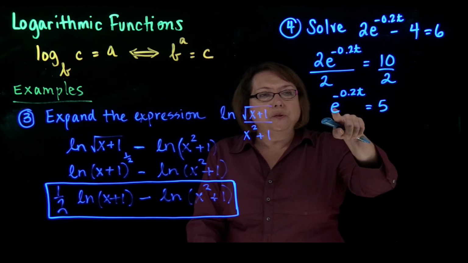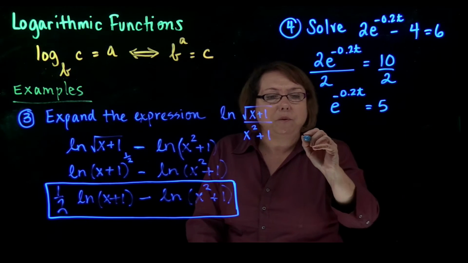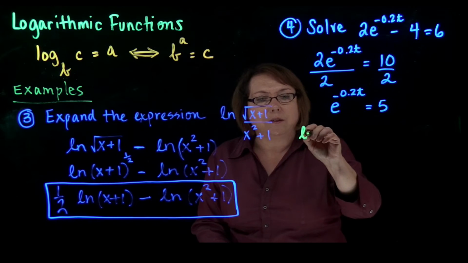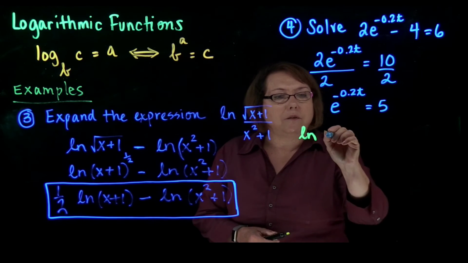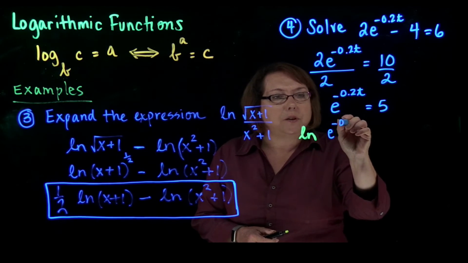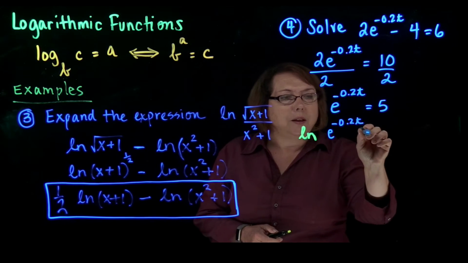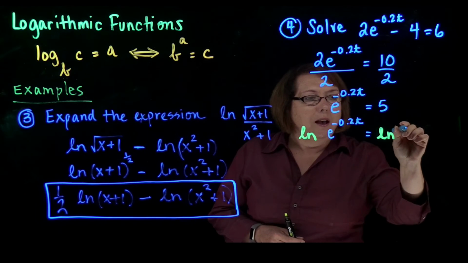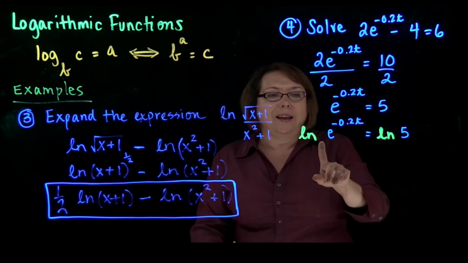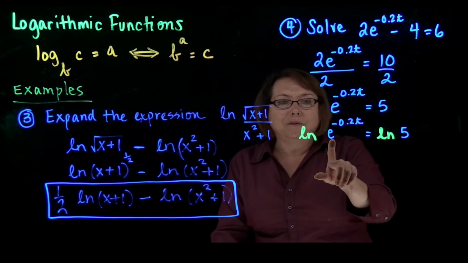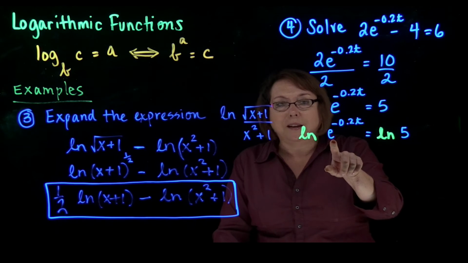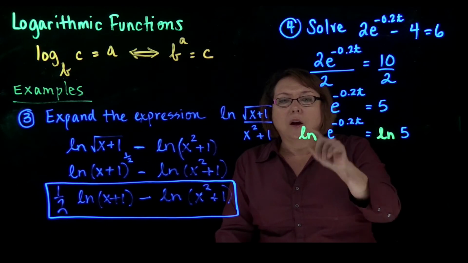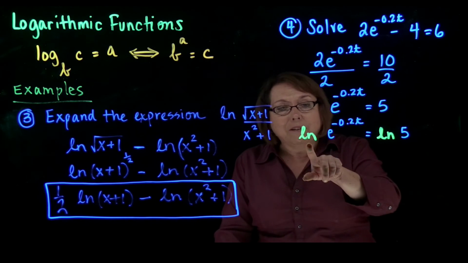Well, I want to undo this e. And remember, we apply the natural logarithm to both sides. So natural log of e to the negative 0.2t is equal to natural log of 5. And by the way, when you see e as the exponential base here, Euler's number, remember that natural log is log base e, so we have to use ln.